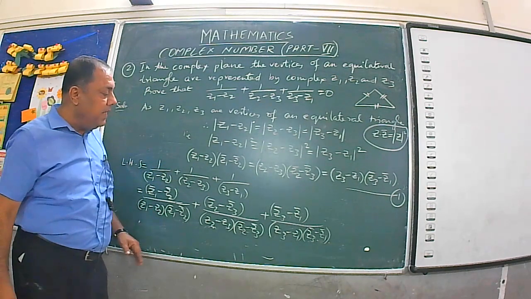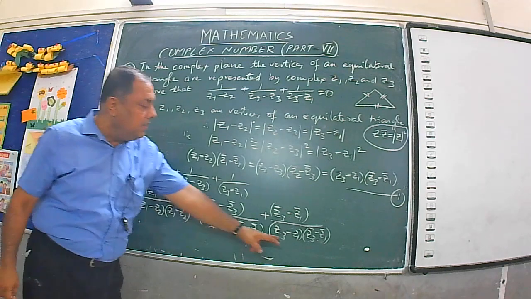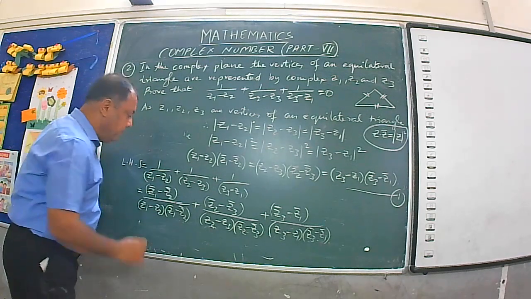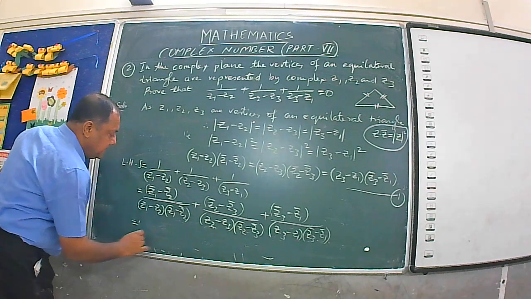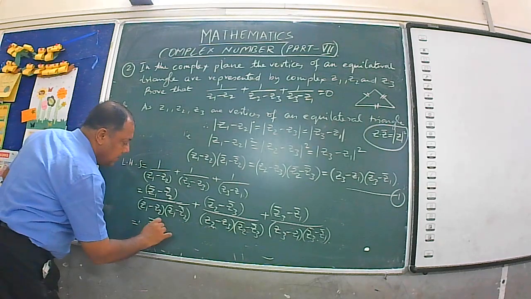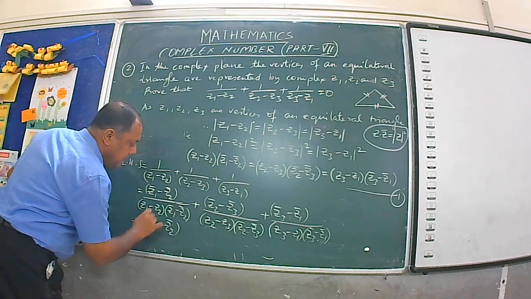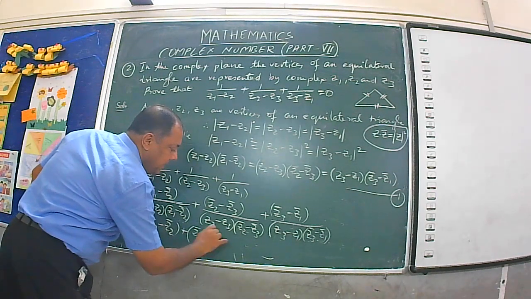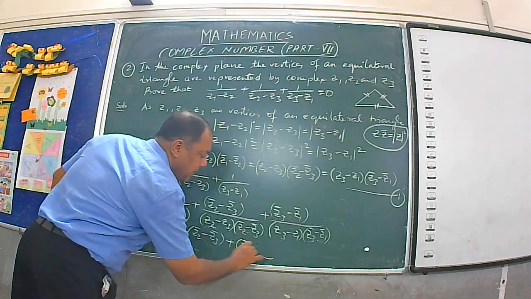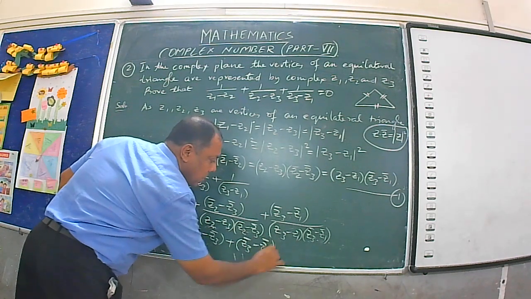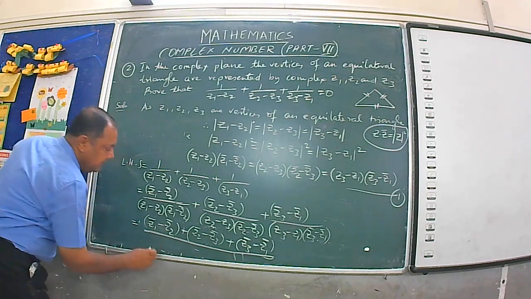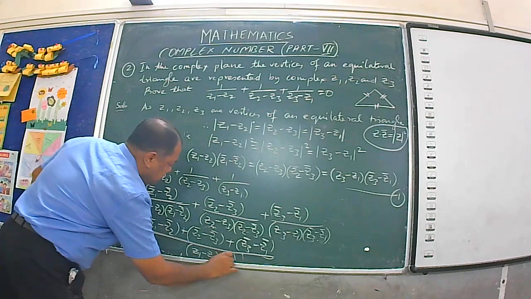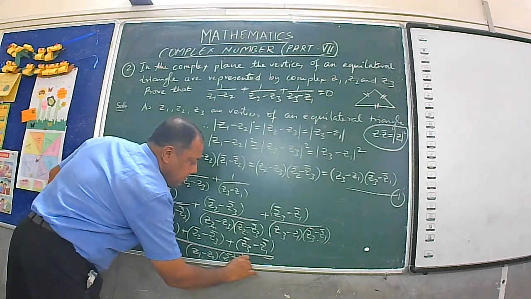Therefore, what I find is that these three denominators are all equal from 1. Therefore, it can be written as Z1 bar minus Z2 bar plus Z2 bar minus Z3 bar plus Z3 bar minus Z1 bar, the whole sum divided by, say, Z1 minus Z2 into Z1 bar minus Z2 bar.